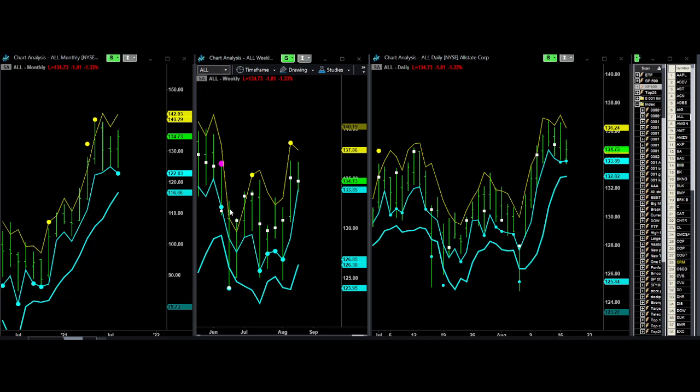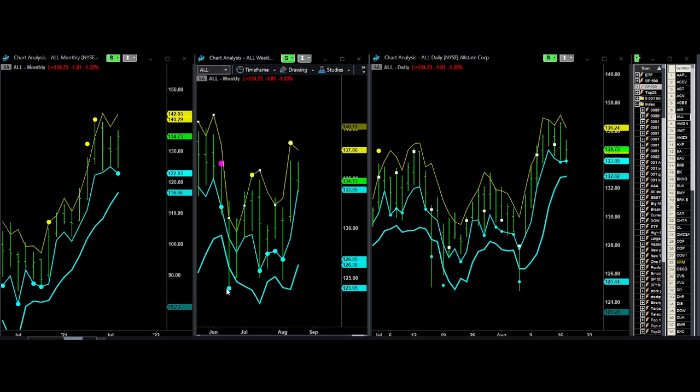So an $8 difference. I think for this line, this dot is 123.99. So basically it's $124. And this point is 132.61.